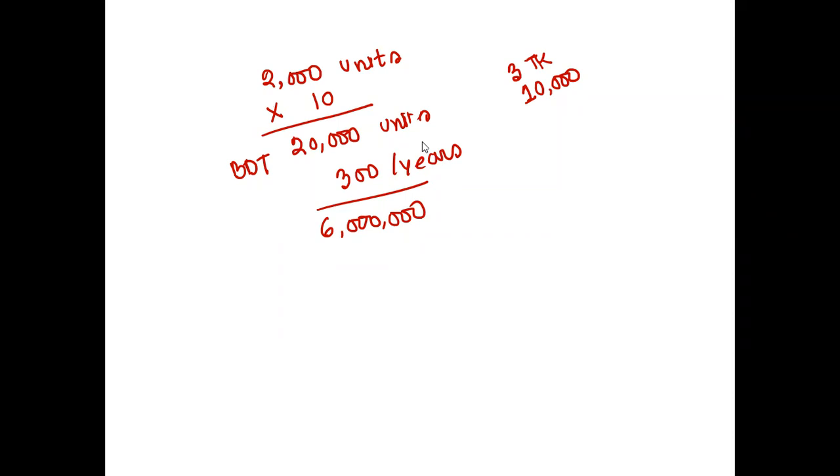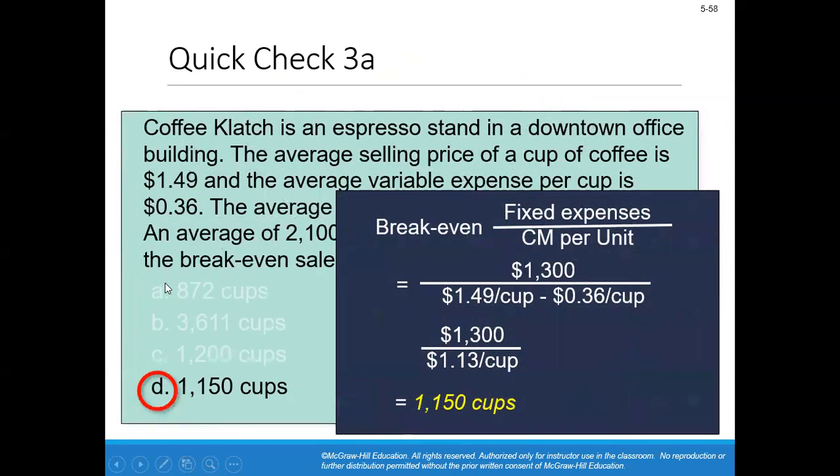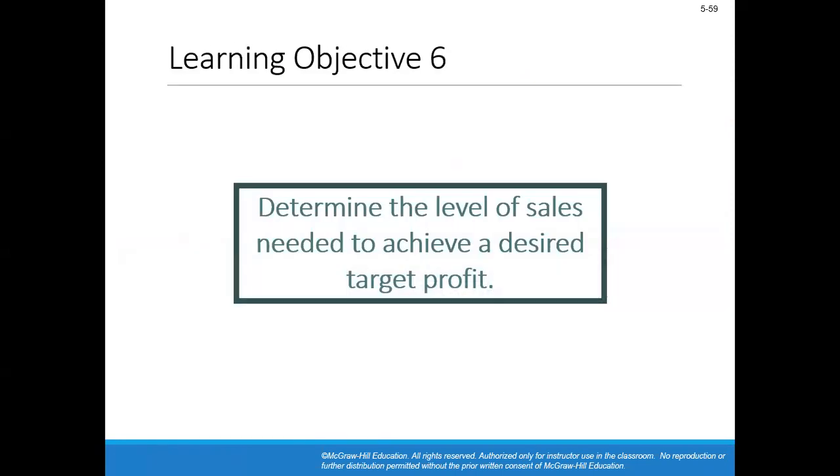What is the annual sales volume if the number of days is 300 and the number of daily sales units is 2,000?